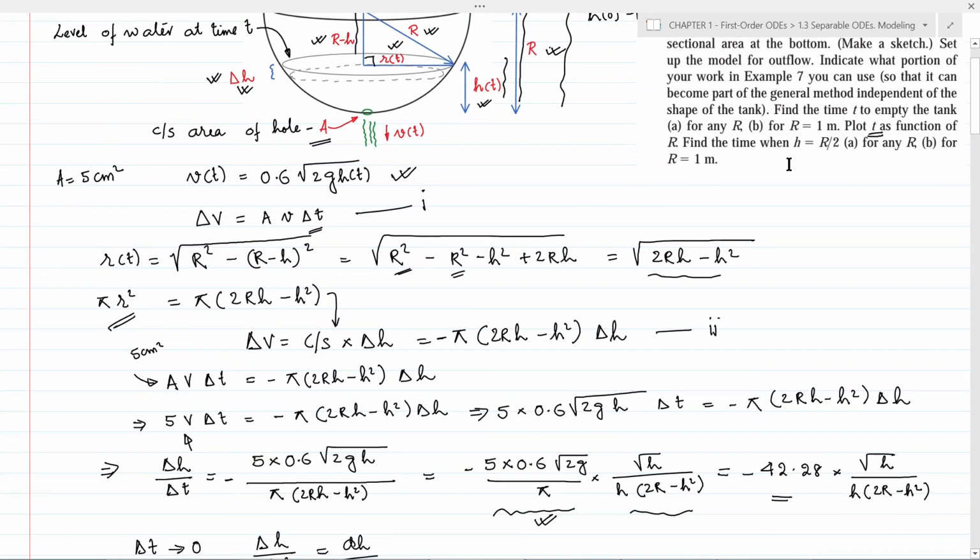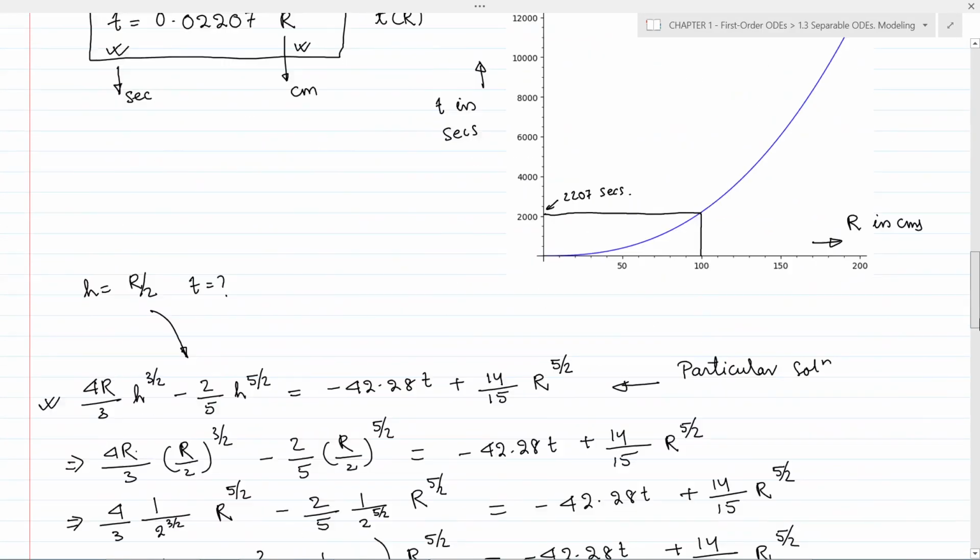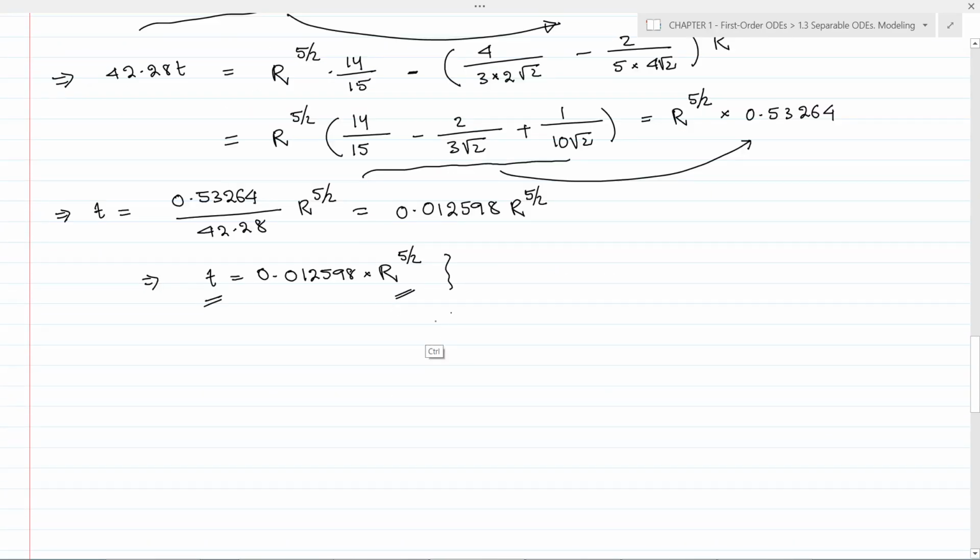Next, the question is asking what is the time taken to reach h equal to r by 2, or to reach half of the height of the hemispherical tank, for r equal to 1 meter. So, for r equal to 1 meter we can substitute the value in here and we can get the time taken to reach half of the height.